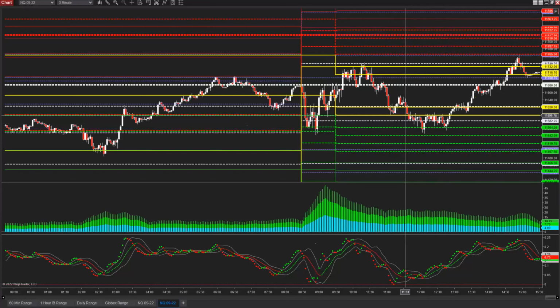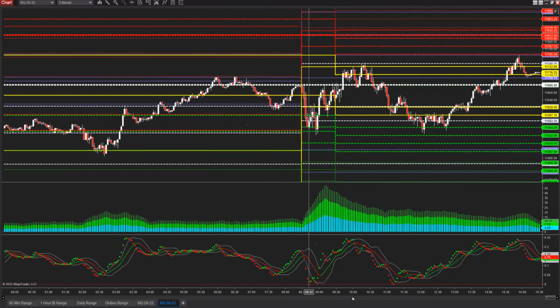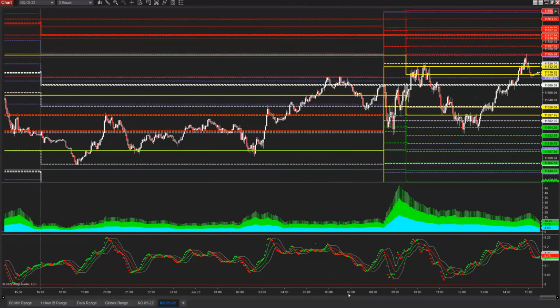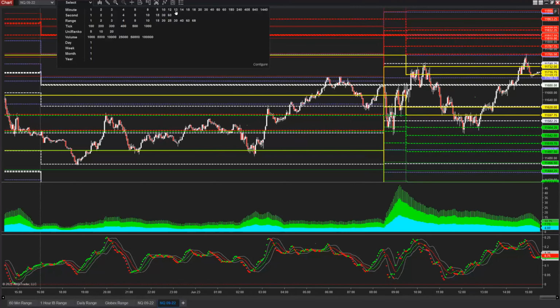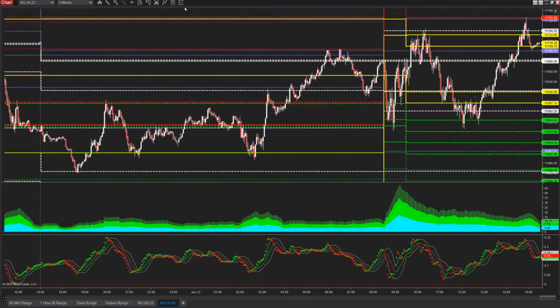Or you can also say that you want to just wait until you break out of a Globex 3, or know that you're trading inside the Globex 3s, or inside your 95% range, and what volatility level, because that volatility level really significantly impacts your trading.